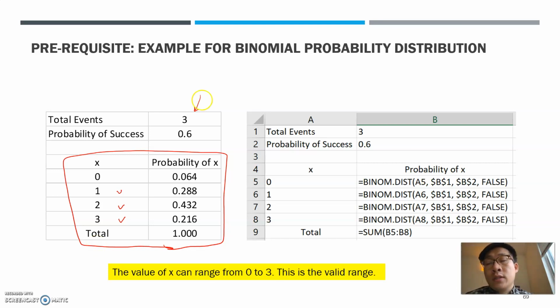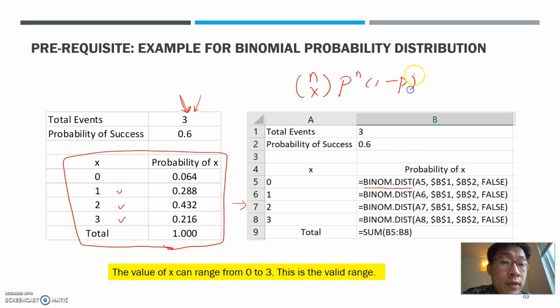So the total number of events is the maximum number you can put here. This one shows the Excel solution. You can utilize BINOM.DIST to calculate this monstrous formula.